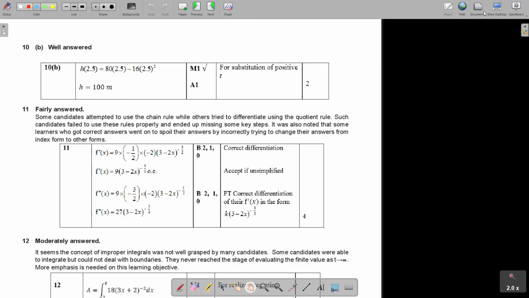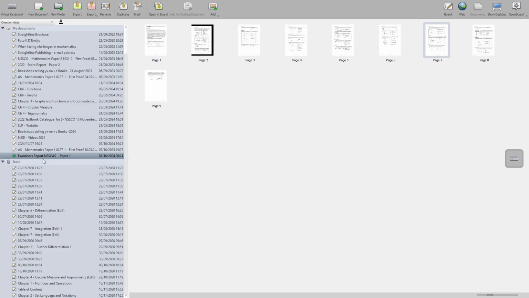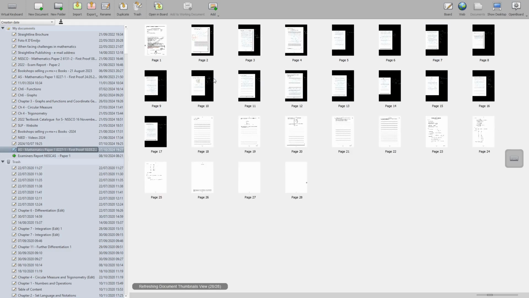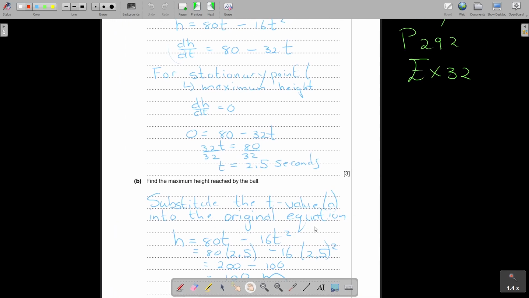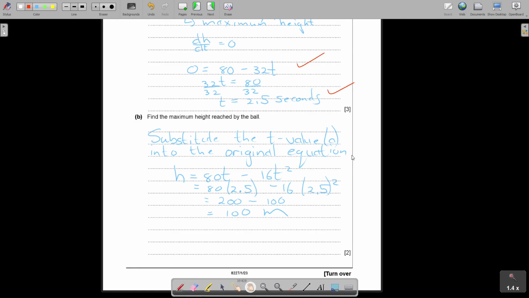If I just want to go back to the question, I could have already finished it off, but let's just finish it off with the marks. So for the differentiation you would get your 1 mark. And then if you put it equal to 0, another mark. And then if you got that t. And for this one, the substitution where you are substituting the 2.5, and then your final answer.